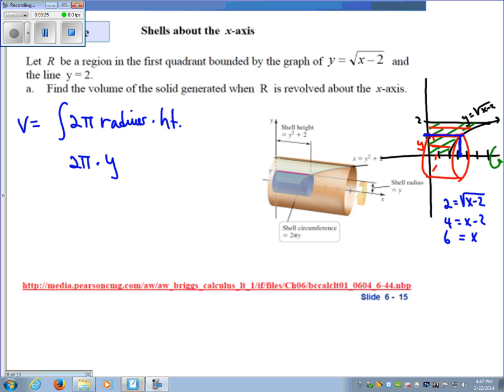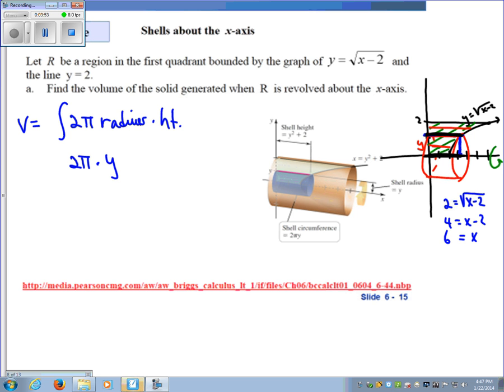That's just an arbitrary y, and that defines what the radius of that cylinder is going to be. Now the height of that cylinder, if you look at the picture, is going to go from here up to here. The height is in this direction. It's the length of that segment that I chose.